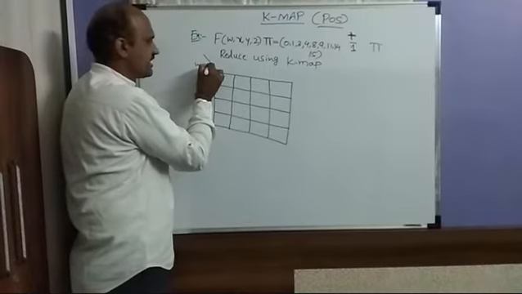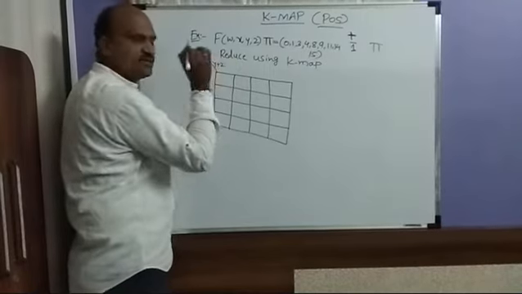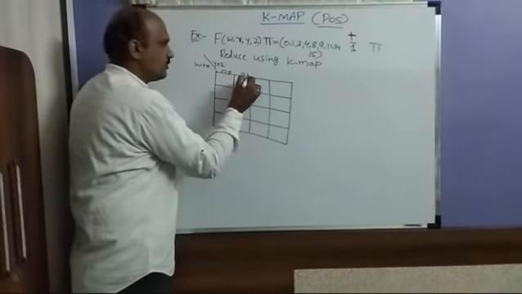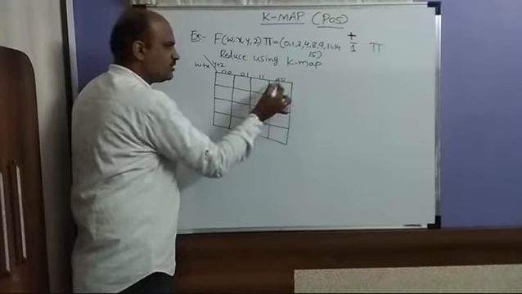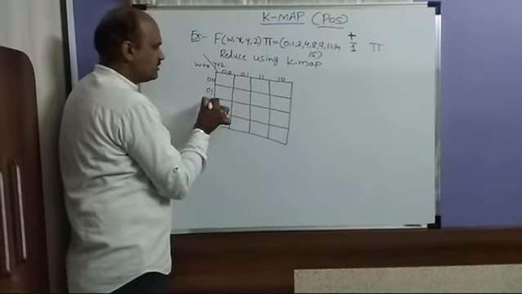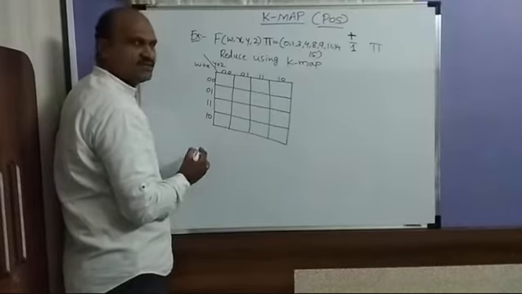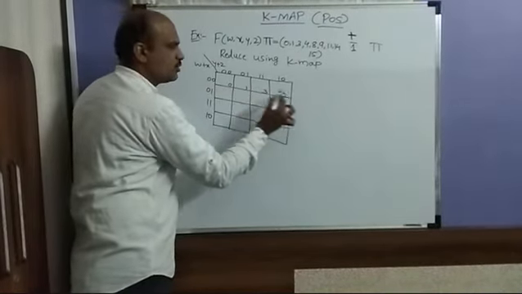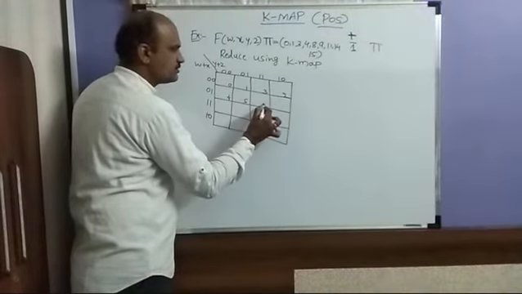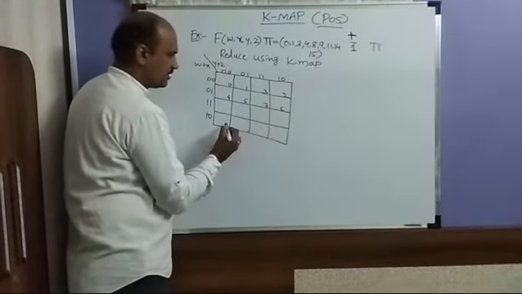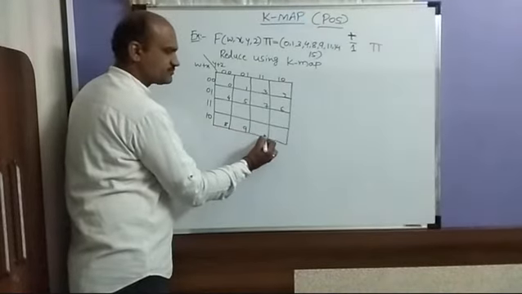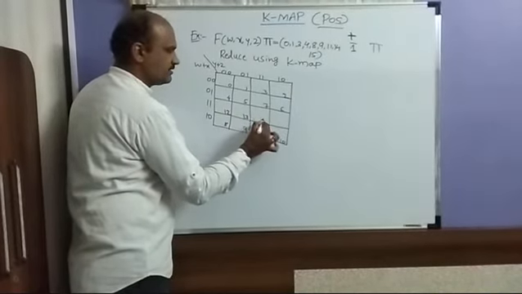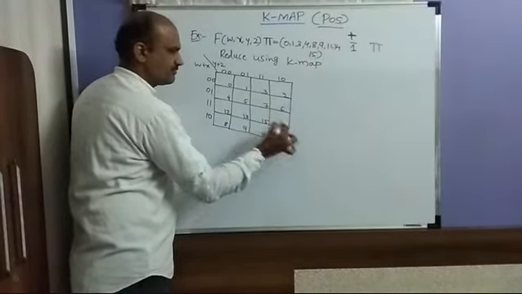So w plus x, y plus z. Plus symbol you take. Now 0 0, 0 1, 1 1, 1 0, and 0 0, 0 1, 1 1, 1 0. Then the numbers 0 1 3 2, 4 5 7 6. Next down 8 9 11 10, 12 13 15 14.